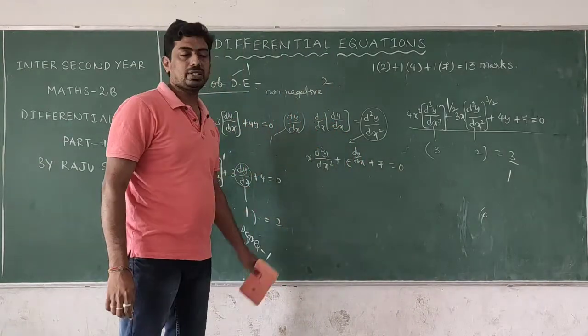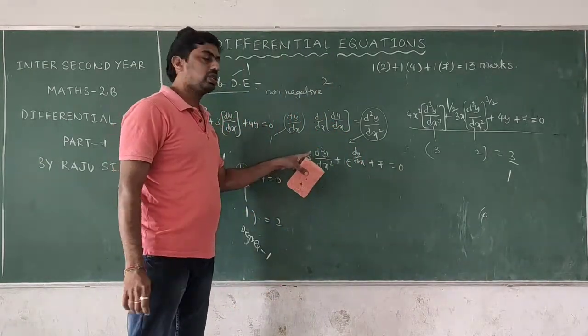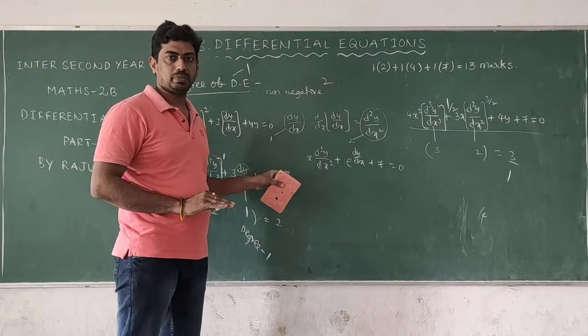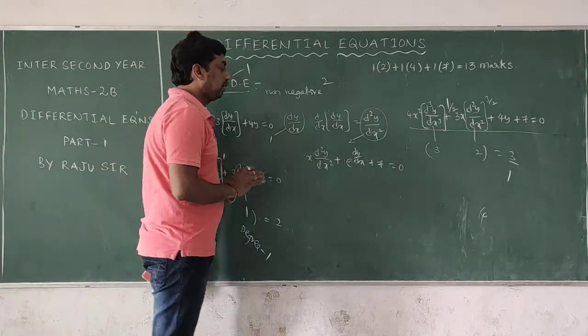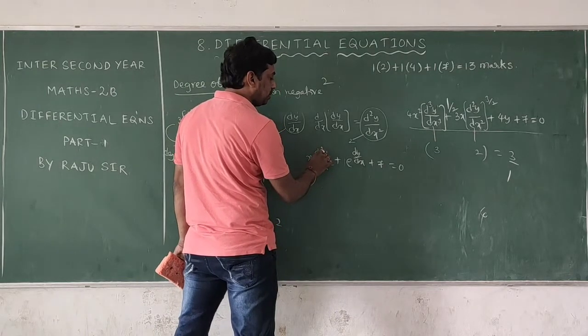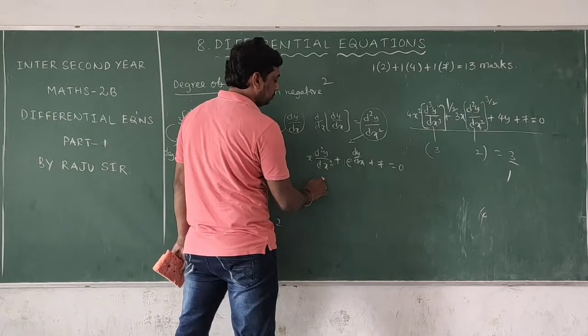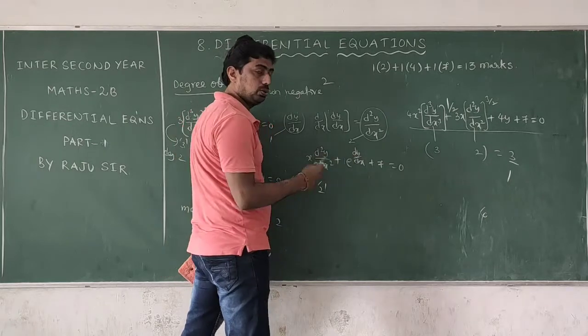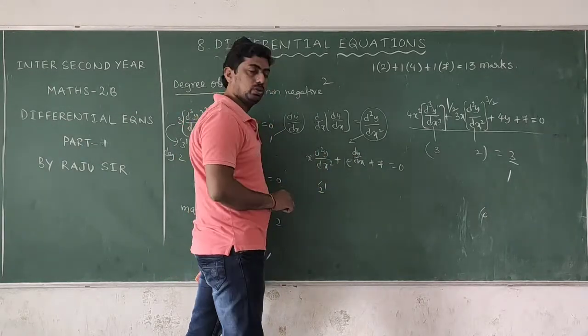This is a differential equation because it involves derivative terms. Here the order of this differential equation is the maximum order, 2. This one is 1, this one is 2, the maximum is 2. That's why 2.